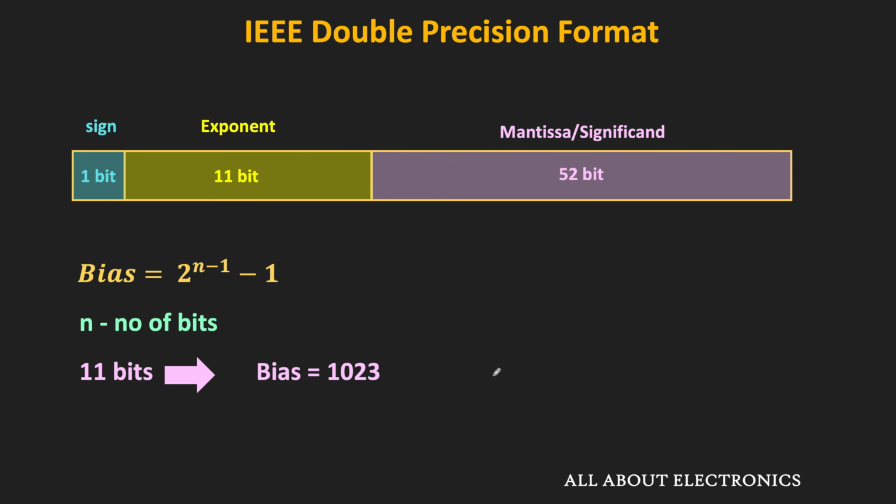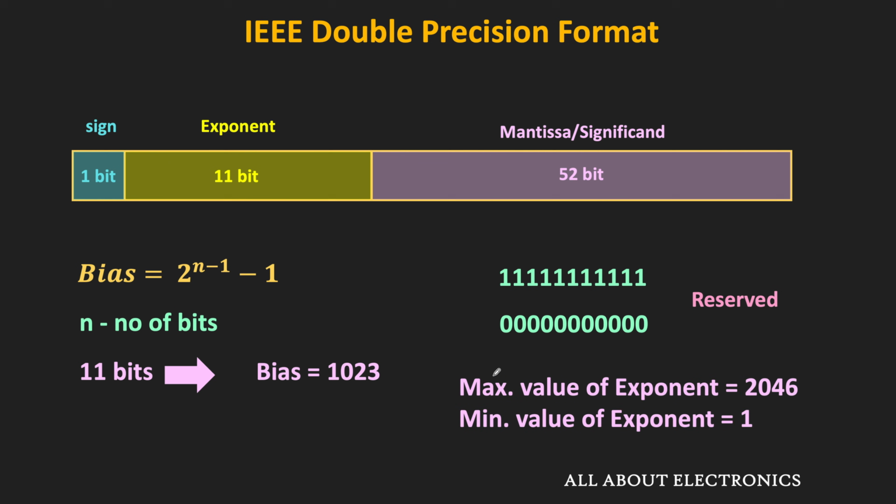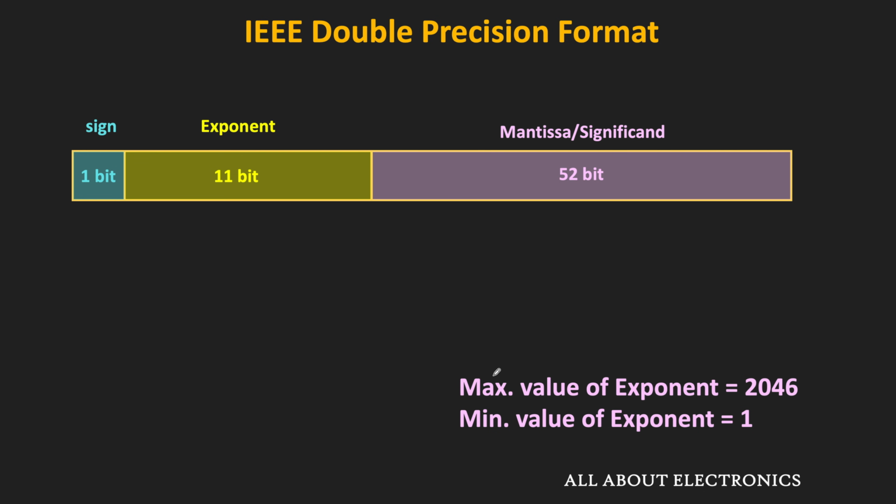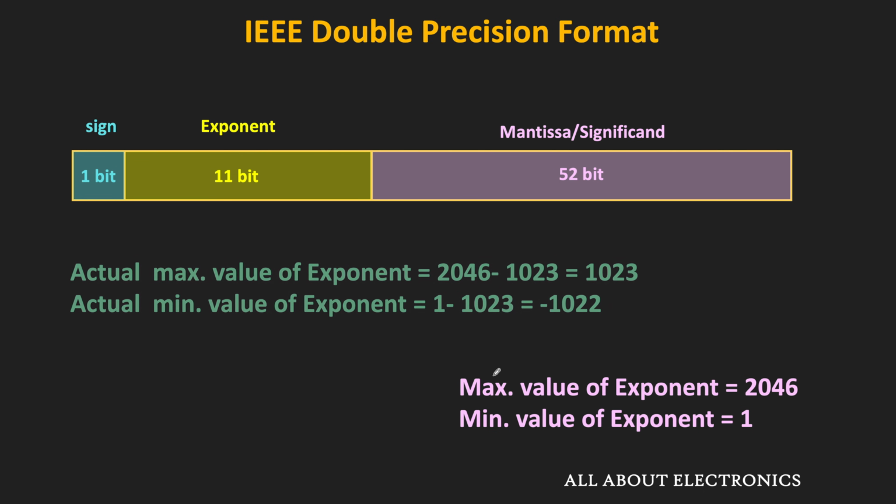So once again, in this 11-bit exponent, all zeros and all ones are reserved for special purposes. So excluding that, if you see the range of this exponent, then it will be between 1 and 2046. So here, to get the actual value of the exponent, we need to subtract the bias from this value. That means in the 64-bit format, the maximum value of the exponent which we can represent is equal to 1023.